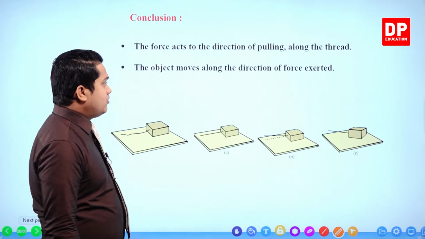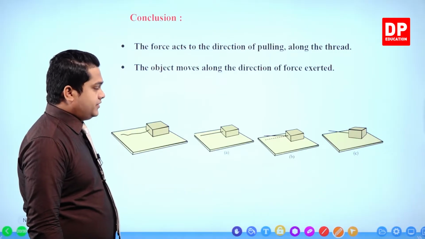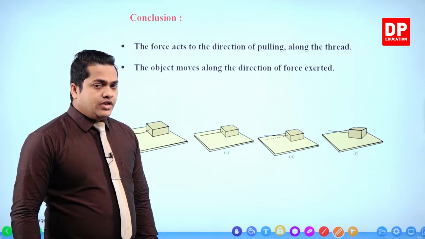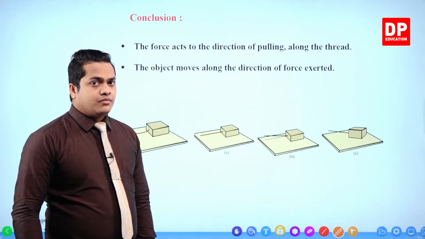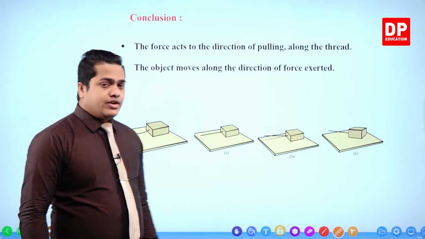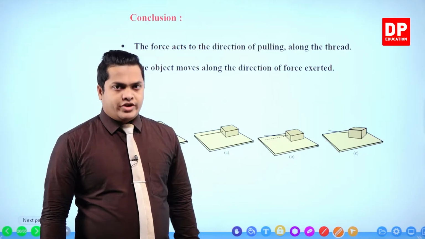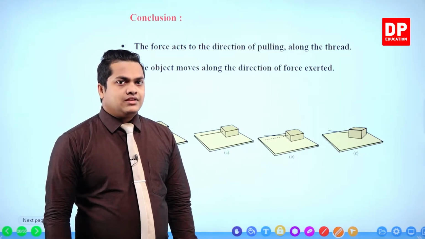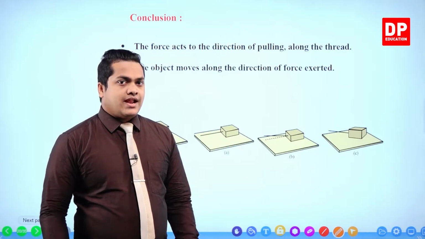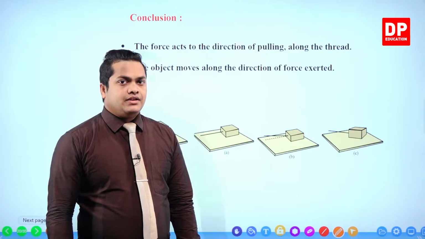The two conclusions once again: the force acts in the direction of the push or the pull, and according to the direction of the force, the motion occurs within the object. So these are the two basic observations and conclusions that we can take from the activity.